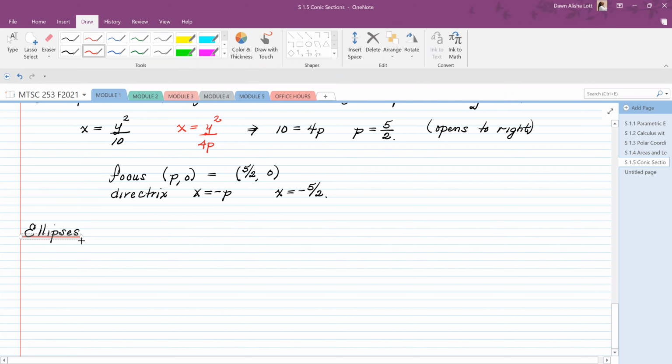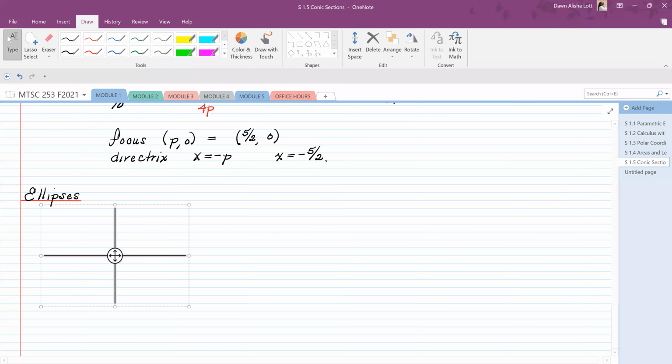Okay, so for an ellipse... Okay, here's an ellipse. An ellipse has two foci and two vertices.